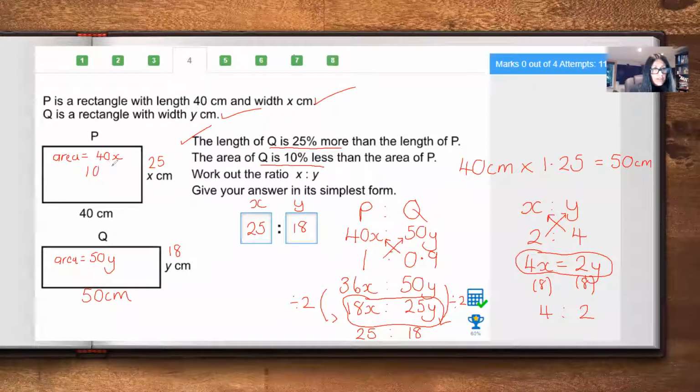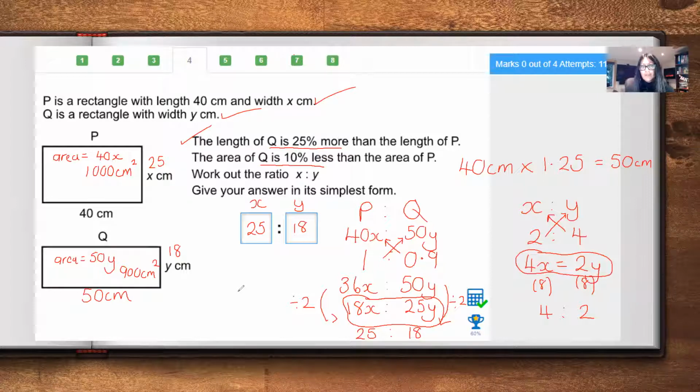So it's 1,000 centimetres squared. And then 50 times 18 is 900 centimetres squared. Can you see the area of Q is 10% less than the area of P? So we know we're right.